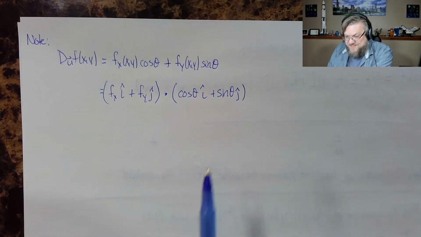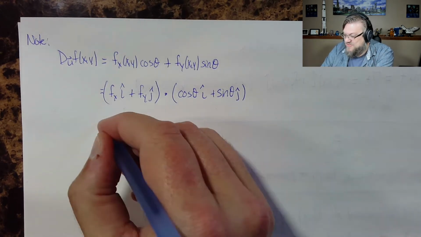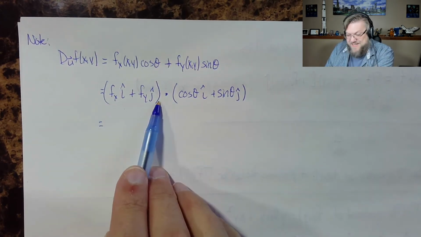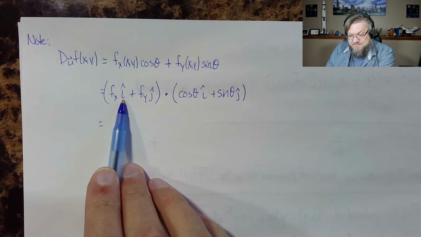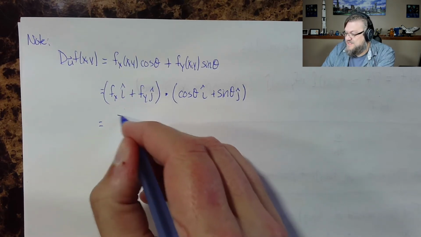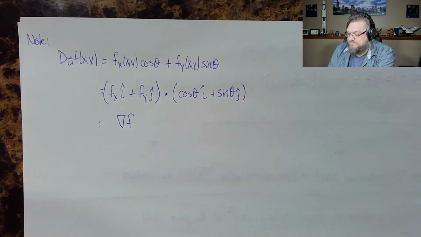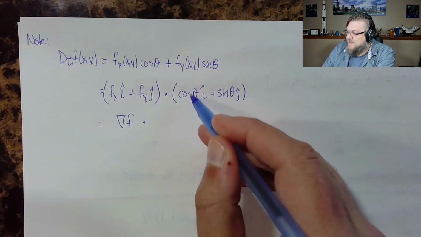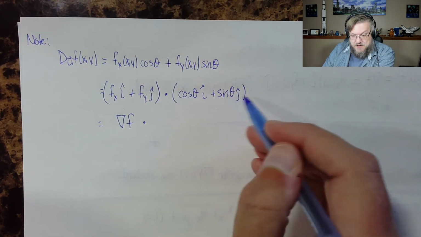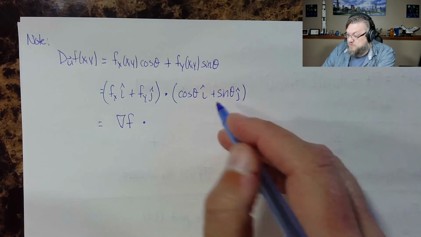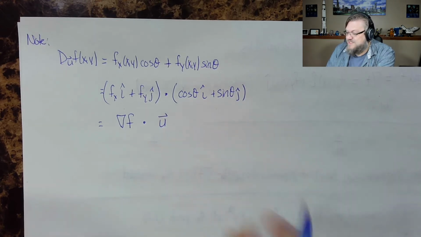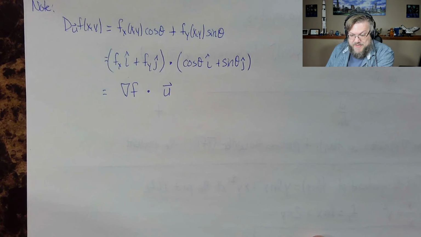But wait a minute, these vectors now have other names. We know what these are. This is the gradient right here. This is fx i plus fy j. So this is del f. And it's dotted with our direction that we're pointing in, which we called u. And so we get this nice alternative form that connects the directional derivative with the gradient via a dot product.